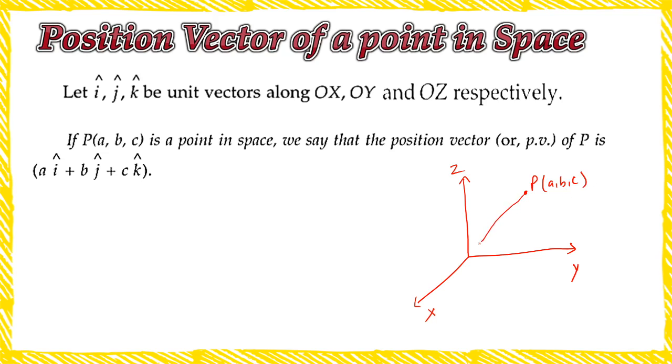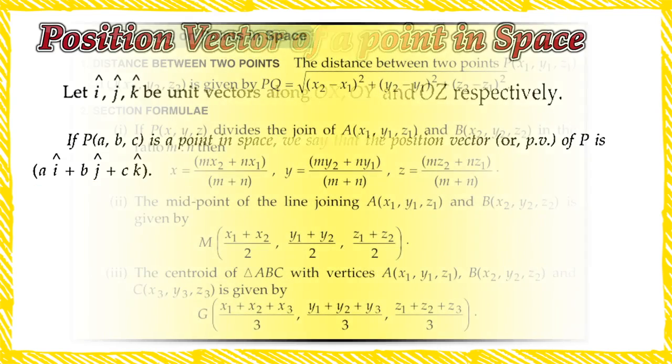So if I join this P with origin O, this vector OP will be written like this: position vector a i cap plus b j cap plus c k cap. Basically, position vector is a vector whose initial point is at origin, which starts from origin.